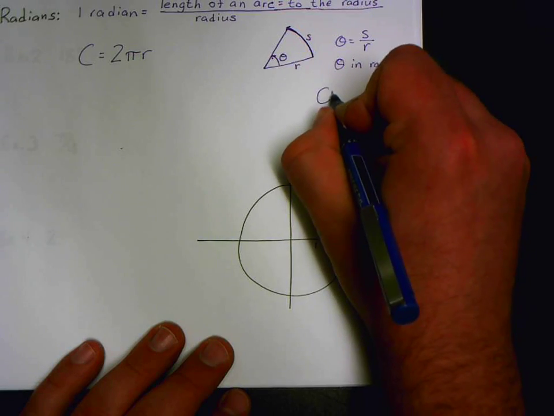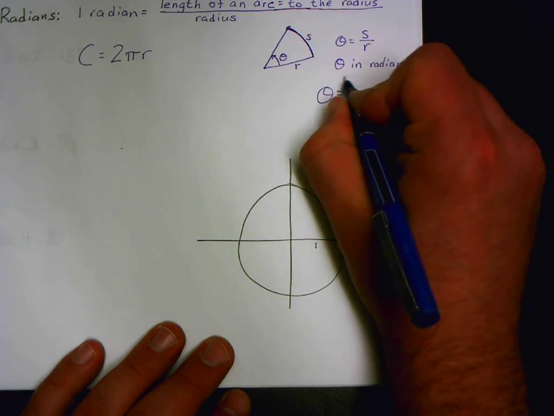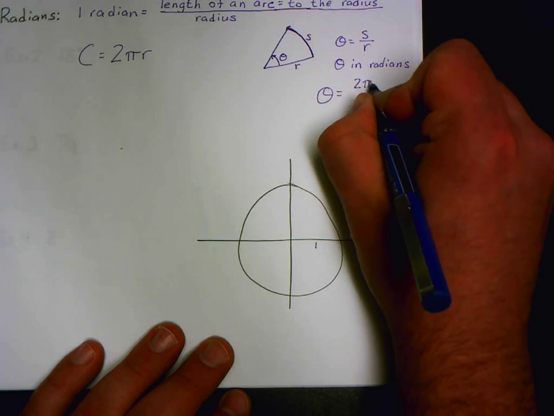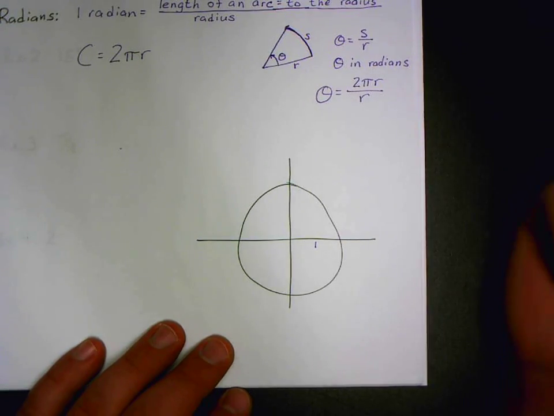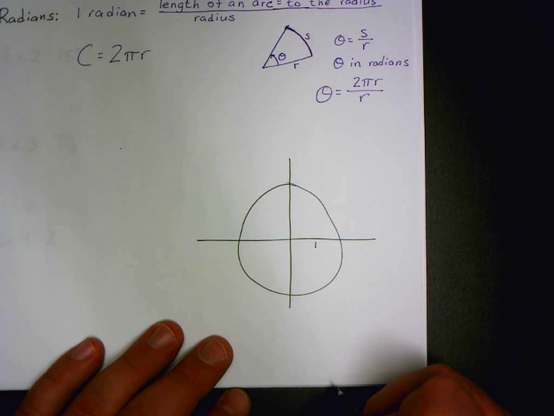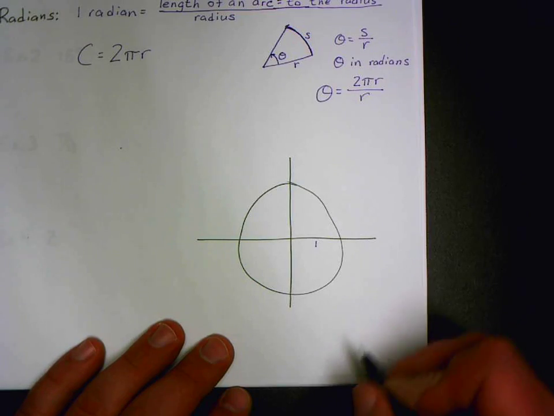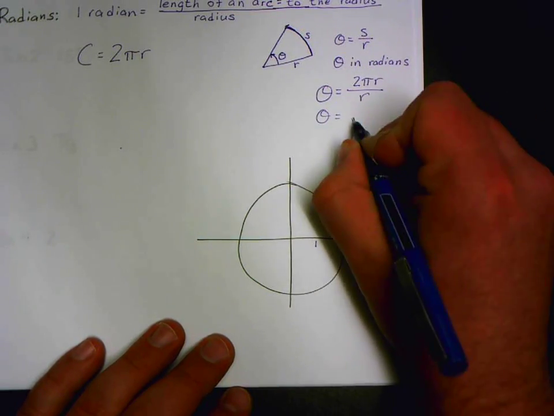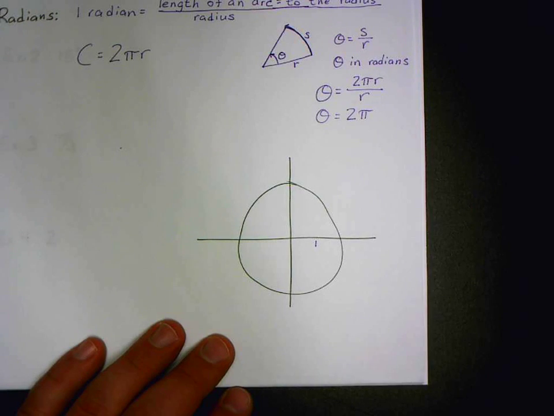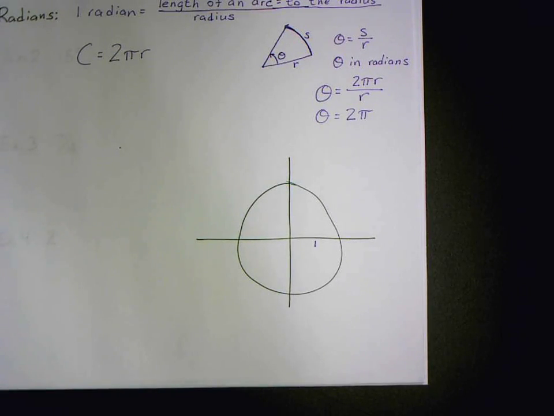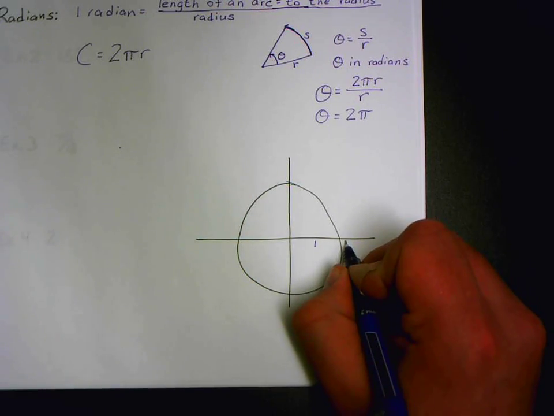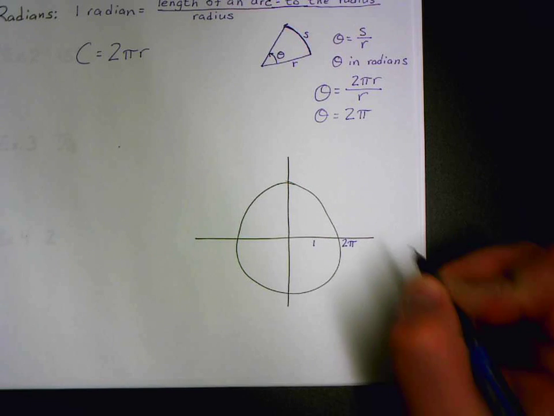Let's do this. I'm going to do a full circle, okay? 2 pi r divided by the radius. What happens to the r's? They're removed. So it really doesn't matter what the radius is. So to make calculations easier, we talk about a unit circle. So we just make the radius equal to 1. Then it really doesn't matter. So 1 time around the circle is equal to 2 pi.